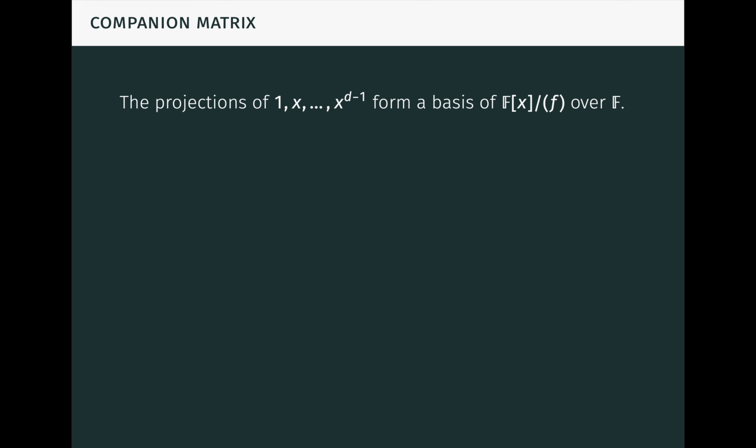It's easy to see using polynomial division with remainder that the projections of the powers of x up to d-1 generate the quotient module, and in fact form a basis for it as a vector space over the field F. Here we restrict scalar multiplication to the field F to make the module a vector space.